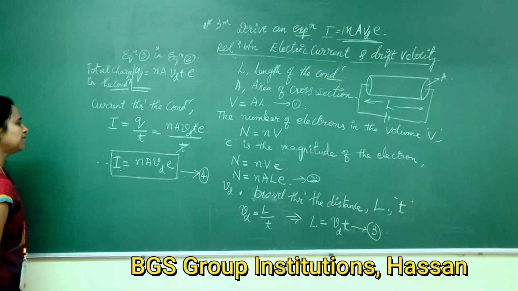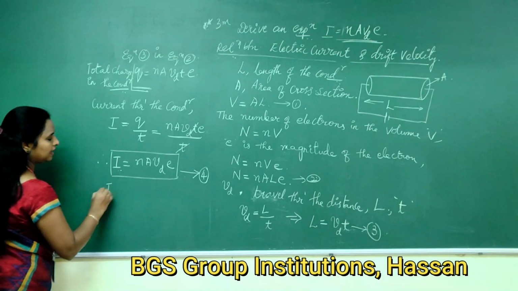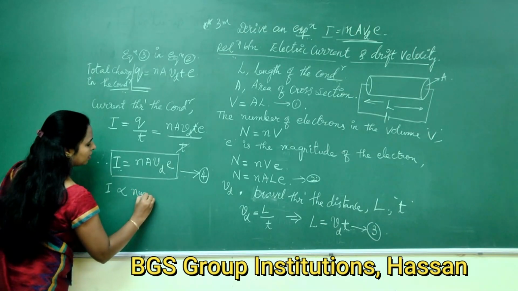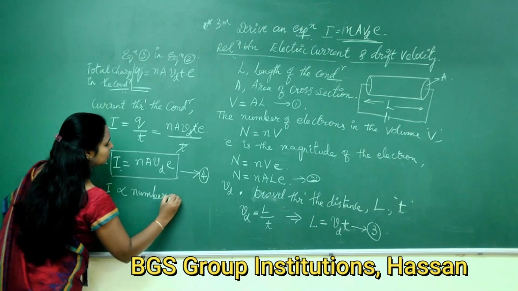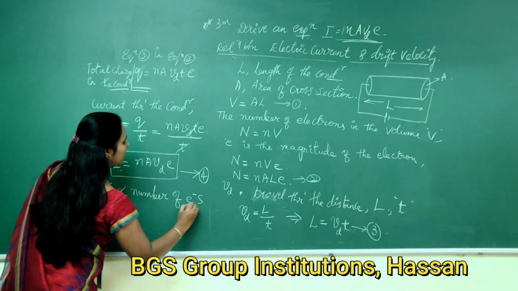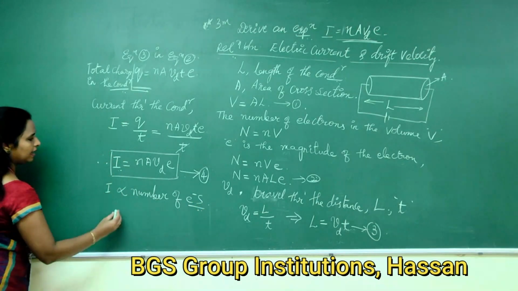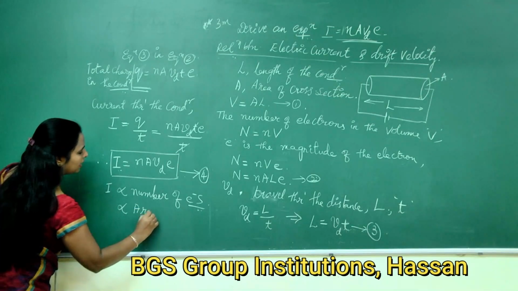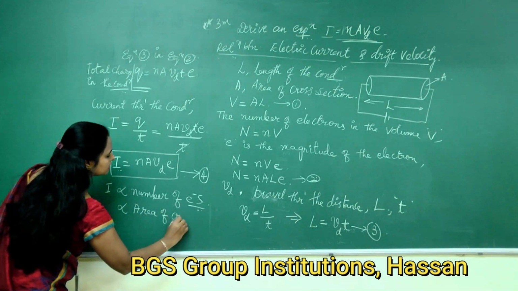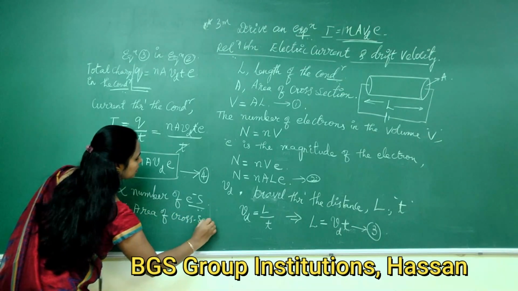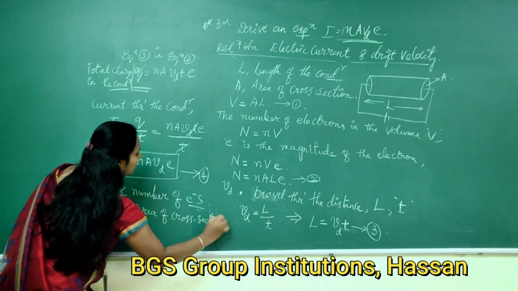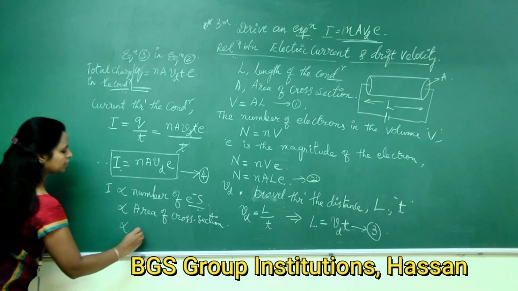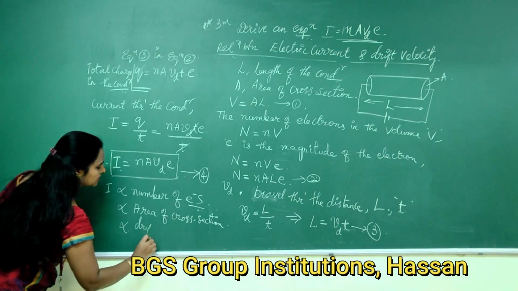Here I can say that the electric current is directly proportional to the number of electrons, and it is directly proportional to area of cross section, and it is directly proportional to drift velocity.